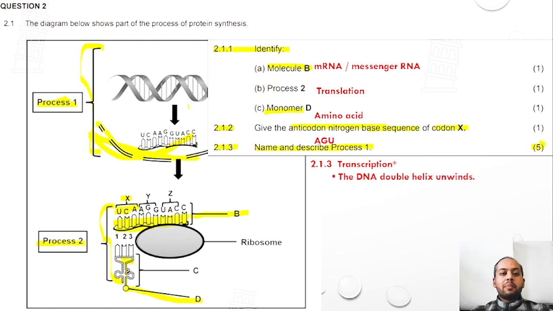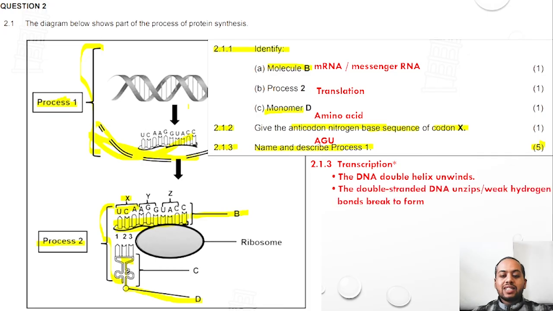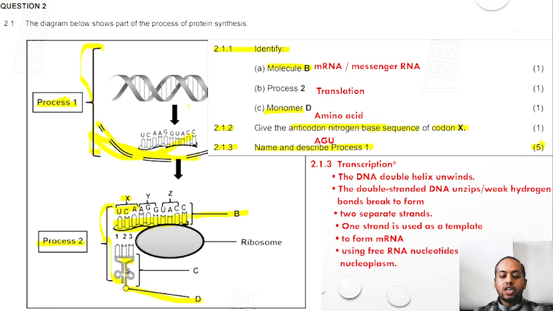In describing the process, you're going to say the DNA double helix unwinds, the double-stranded DNA unzips, or the weak hydrogen bonds break to form 2 separate strands, but only 1 strand is used as a template to form mRNA. Using free RNA nucleotides in the nucleoplasm, mRNA will be complementary to DNA, and mRNA now has the coded message for the process of protein synthesis.